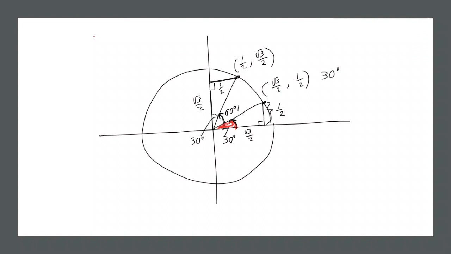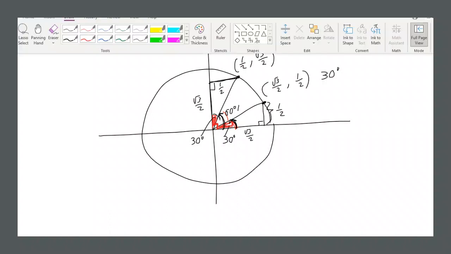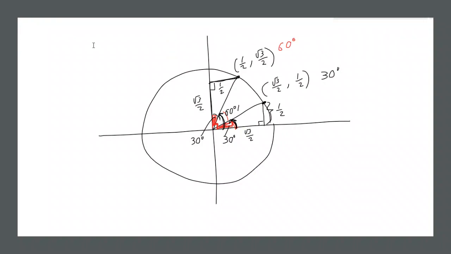And we know this is 30, which means this additional part here also has to be 30, because 30 plus 30 plus 30 is 90. And this, of course, the full angle here is a 90-degree angle. So this corresponds to 60 degrees. So these two ways to fit this second special triangle, that is what we're going to reflect.